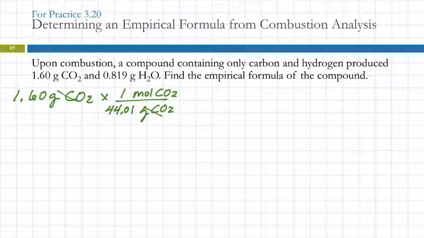And then I'm going to look at the chemical formula and say, how many moles of carbon are in 1 mole of CO2? 1, right? There's 1 mole of carbon in 1 mole of CO2.